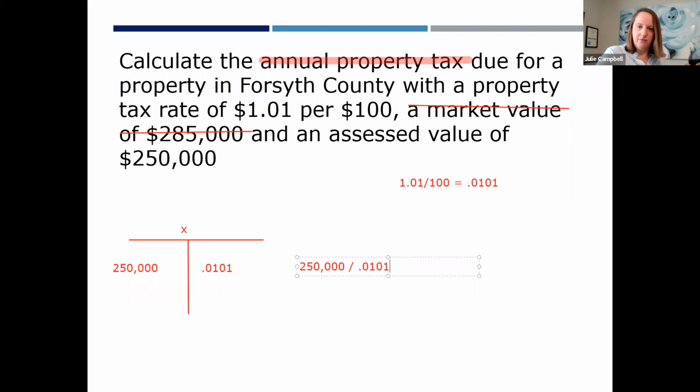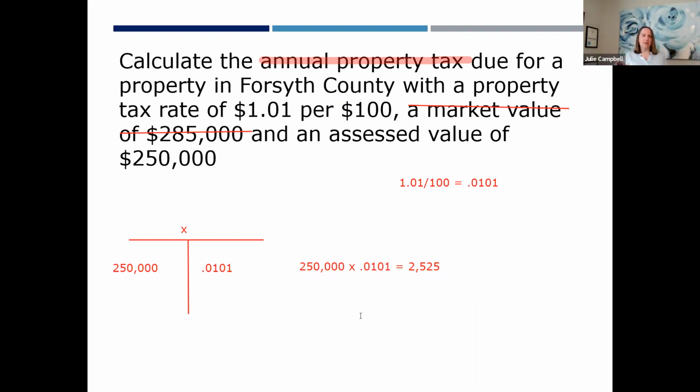Nope, nope, nope. We're going to multiply it. There we go. Sorry about that. By 0.0101. And I get annual taxes of $2,525.